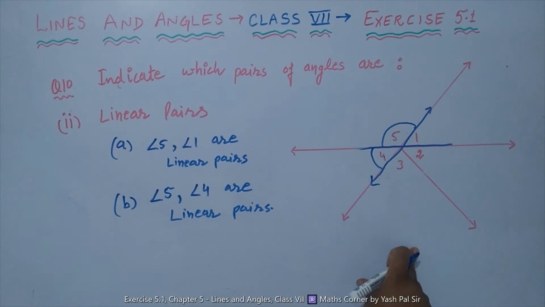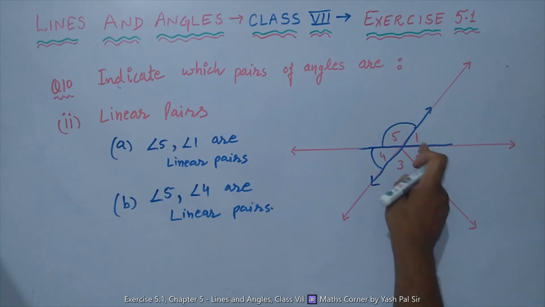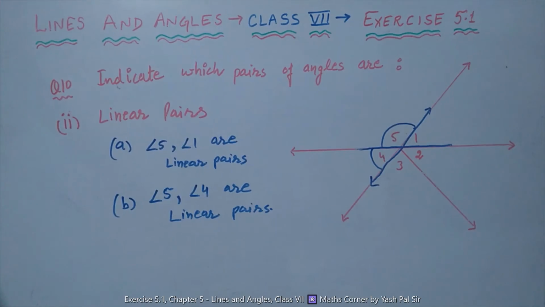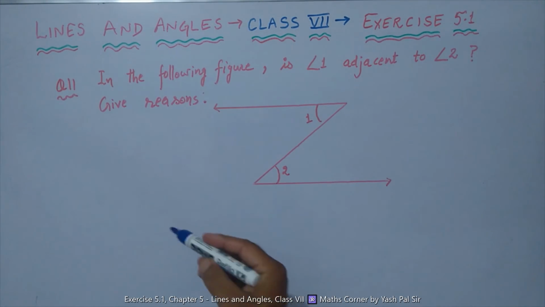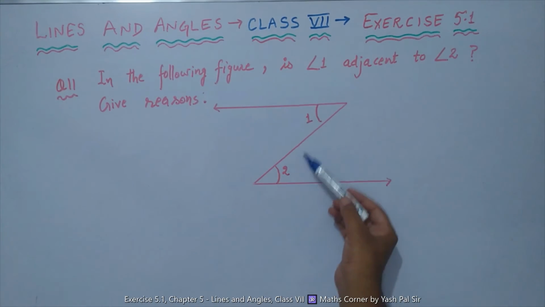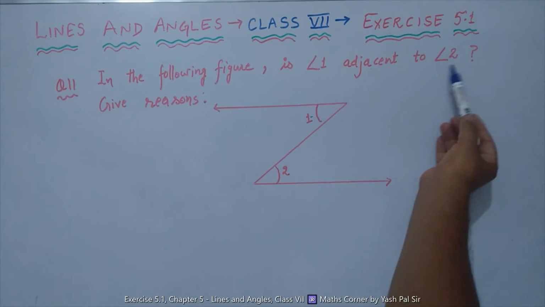Is there any other angle? Can we find other pairs? No, there are not such pair of angles which are making linear pairs. Okay. Now question number 11. In the following figure, is angle 1 adjacent to angle 2?